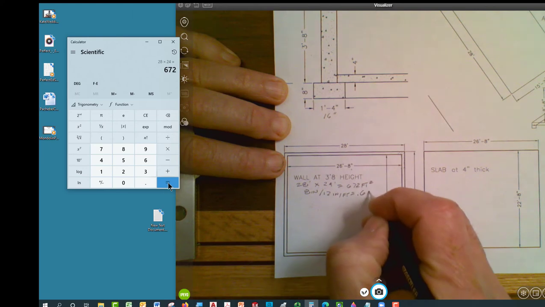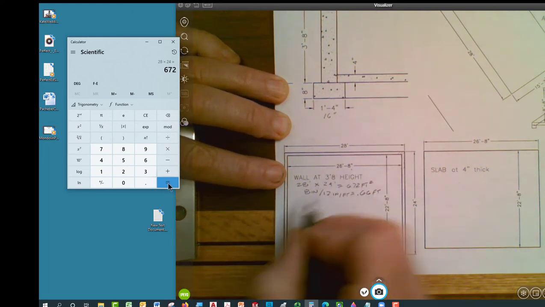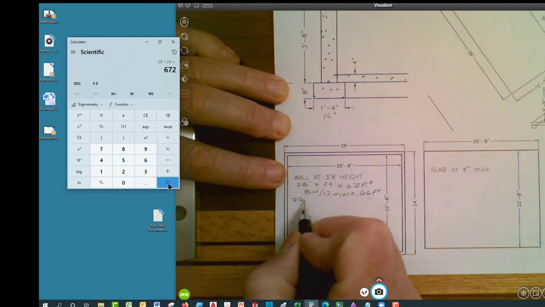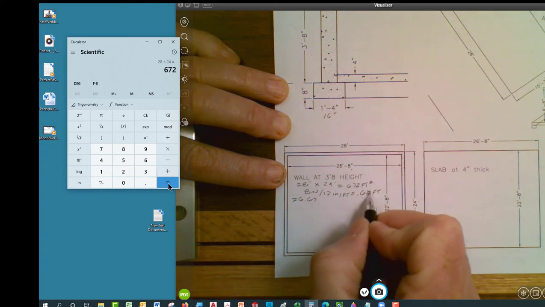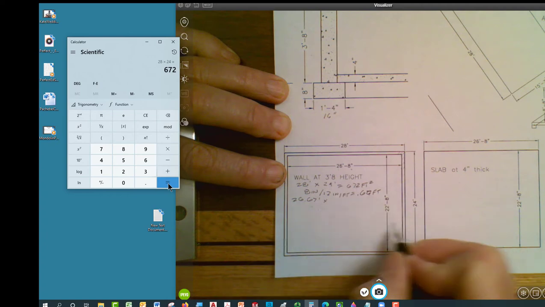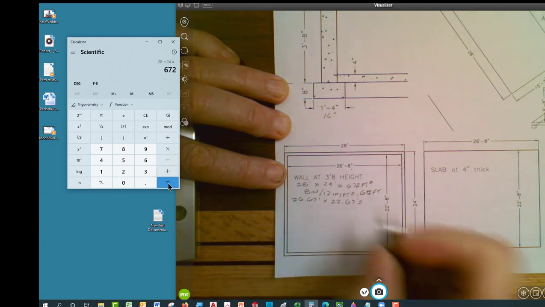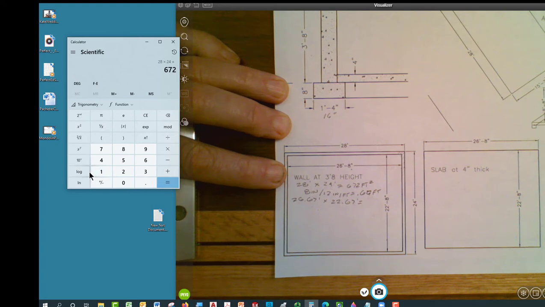Let's just go with 0.67 feet. Inches cancel out, we're left with feet. So now we can have a decimal value for feet, 26.67. Feet times 22.67 feet equals. Now we go back and we do the math on that.